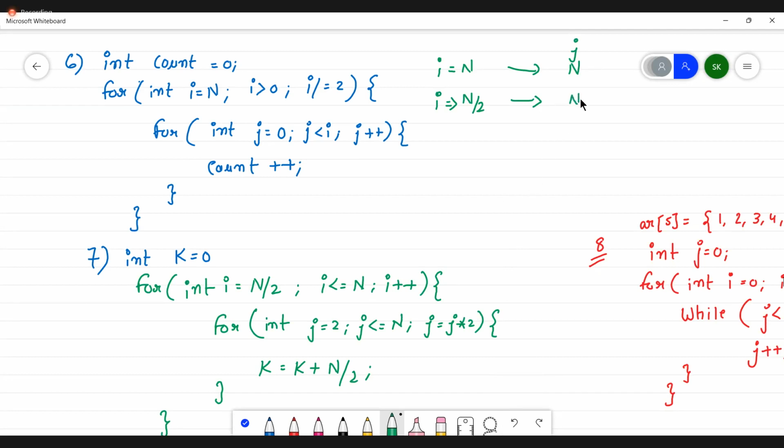Correct. Any doubts? Then for the next time, it is going to be i equals n by 4, and it is going to run for n by 4 times. Everyone, are you getting this?